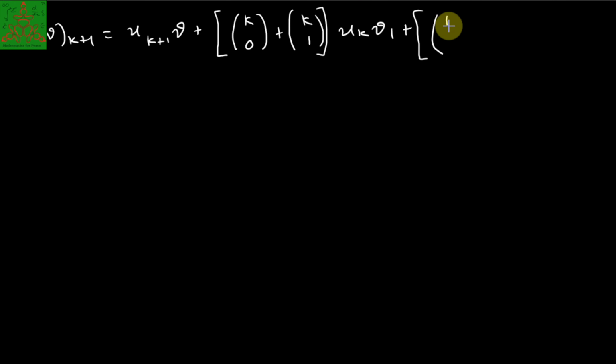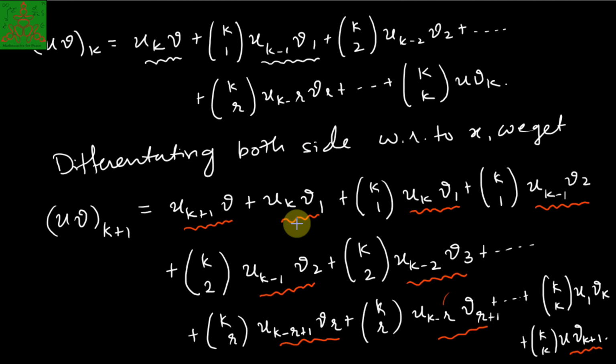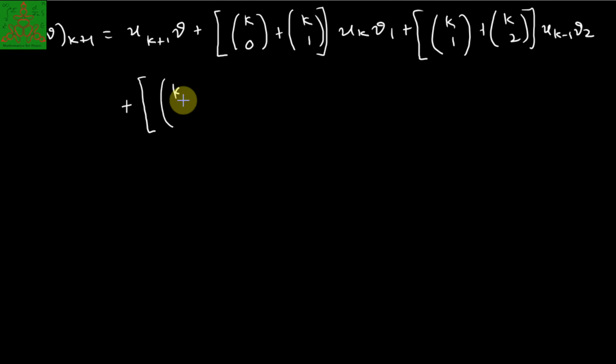So it is kc1 plus kc2, uk minus 1 v2, plus a next term will be kc2 plus kc3, which will be the next term. So it is kc2 plus kc3, uk minus 2 v3, up to so on.